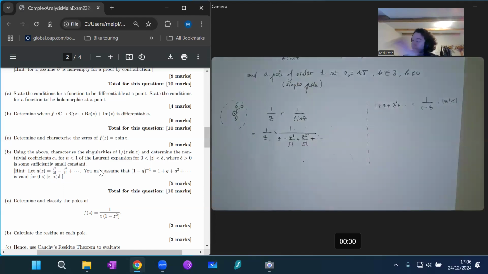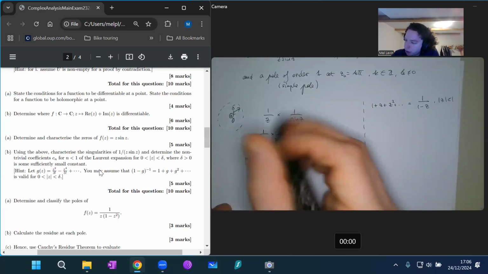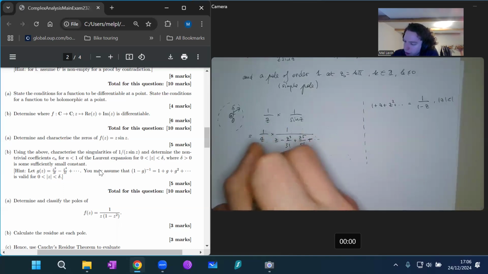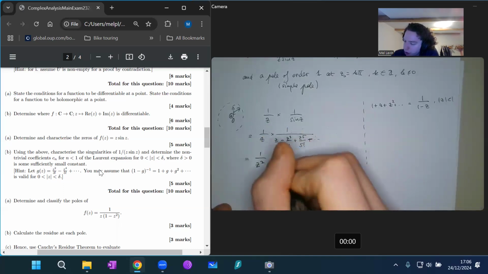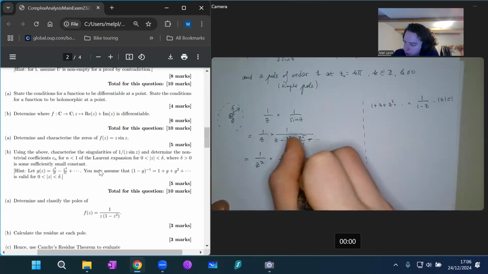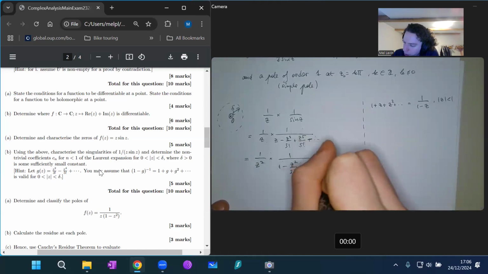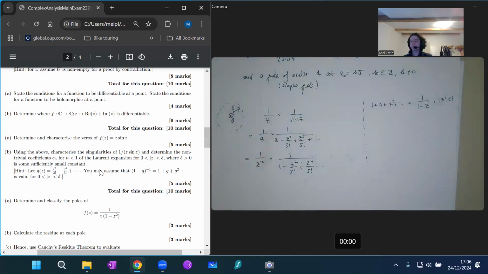I don't know why I had this stuck in my head. Yeah, this is z minus z cubed over 3 factorial plus z to the 5 over 5 factorial. Okay, now that makes more sense. So they take a z out of the bottom to get 1 over z squared at the front, and then 1 minus z squared over 3 factorial plus z to the 4 over 5 factorial minus, and so on.